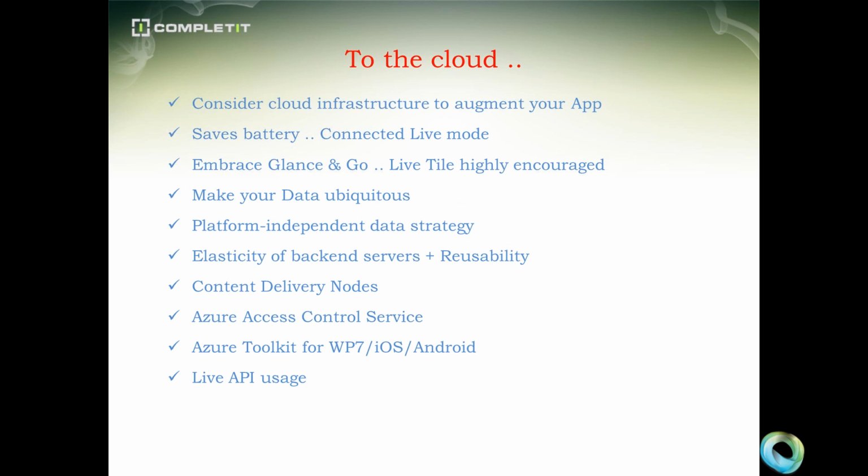You can have more of the glance and go, where the user does not always need to run your app to figure out what's going on. And there are some statistics which show that apps with live tiles are X% more subject to clicks and usage than apps that don't. So let's try doing that. And even if you don't have a true live tile which is fed from the cloud, you should at the least do the secondary live tiles that are supported in Mango.